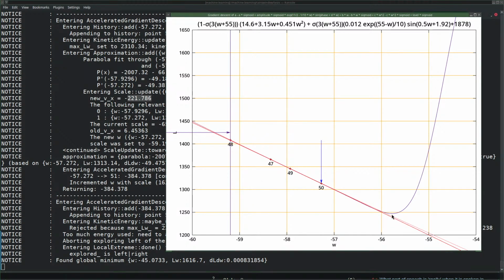I want to go that way. Actually, I am going that way, but we did overshoot the minimum.